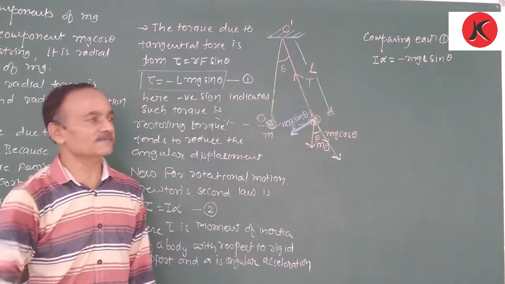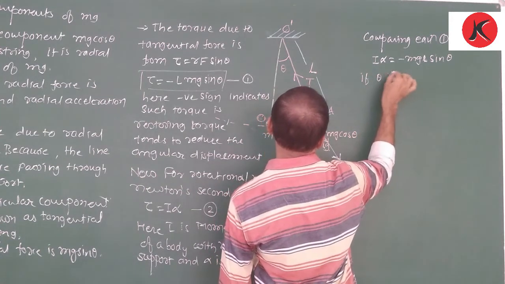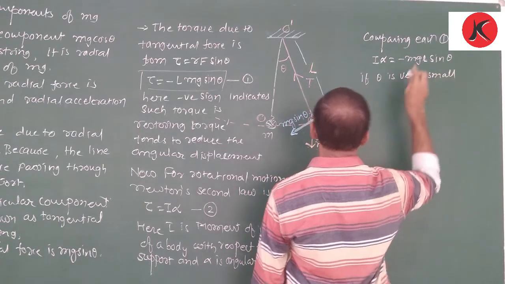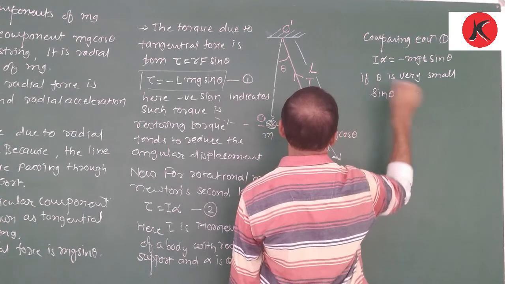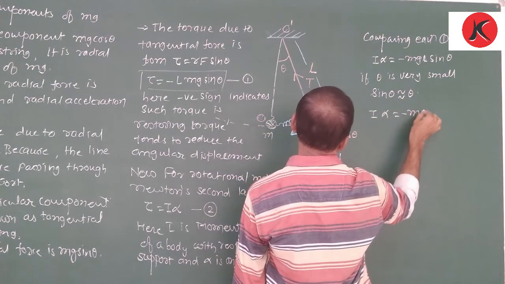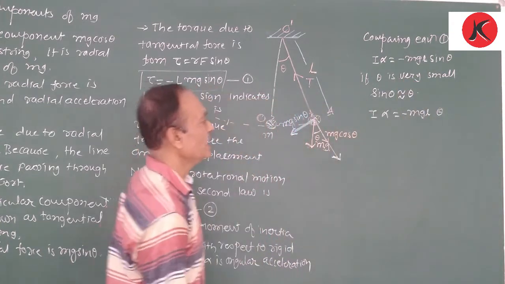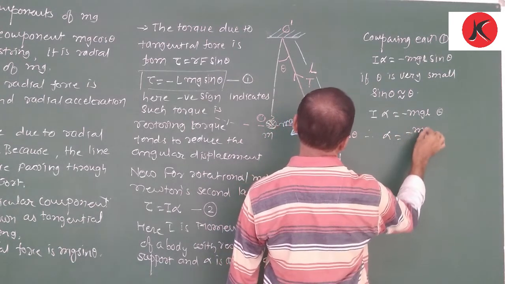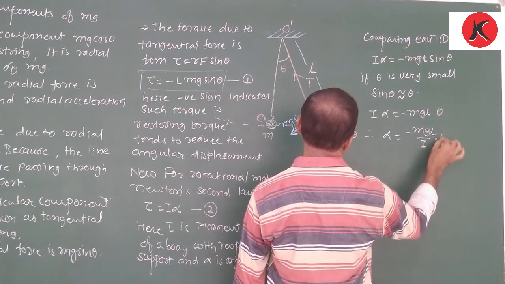If theta is very small, therefore sin theta is approximately theta. Therefore I alpha is equal to minus mgl theta. Therefore alpha is equal to minus mgl upon I into theta.